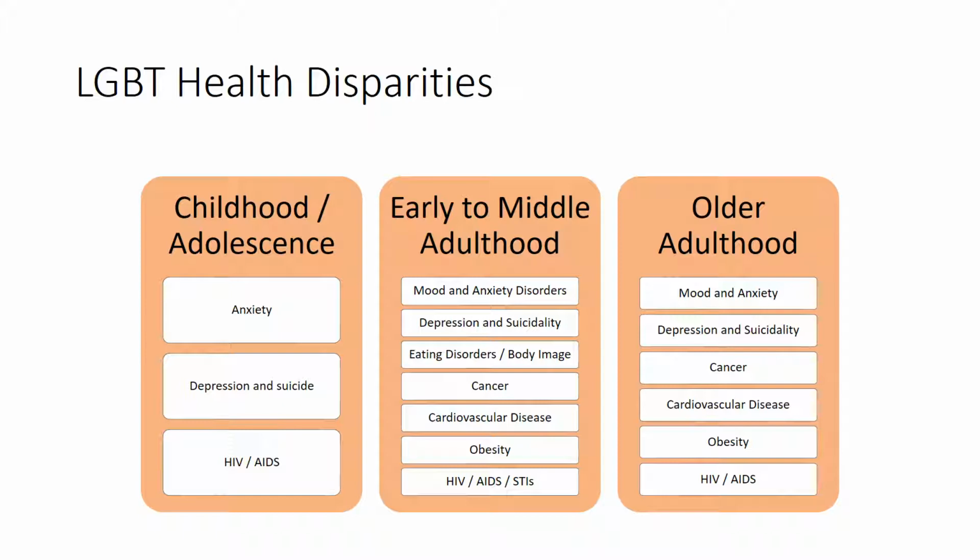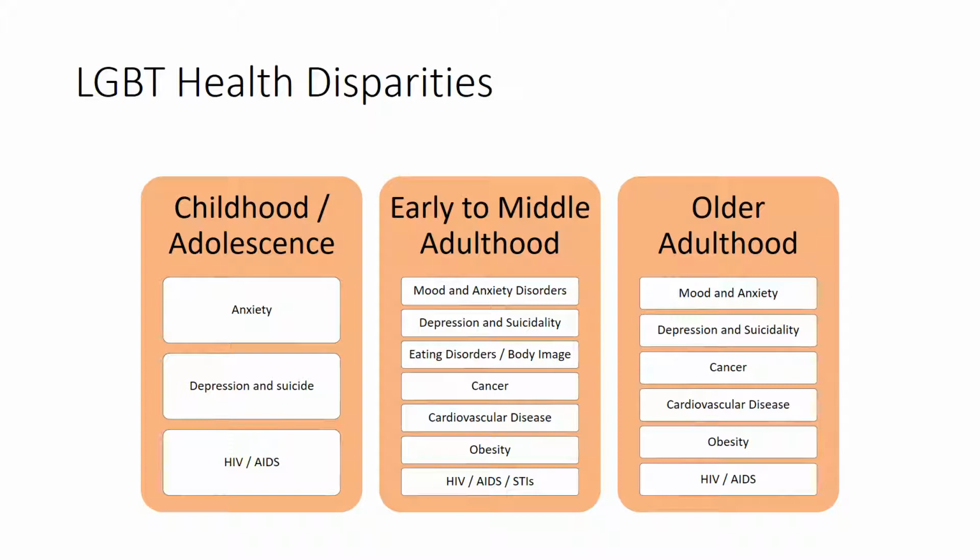So continuing on answering the question of so what, again, why do we want to provide welcoming and sensitive care to LGBT people specifically? I wanted to quickly go over some of the health disparities that we know exist among LGBT people.